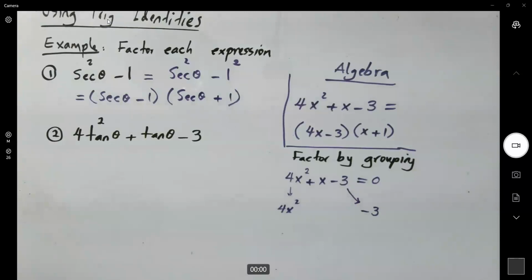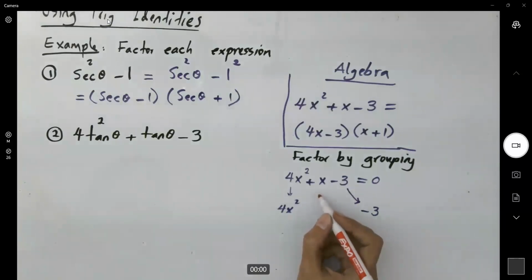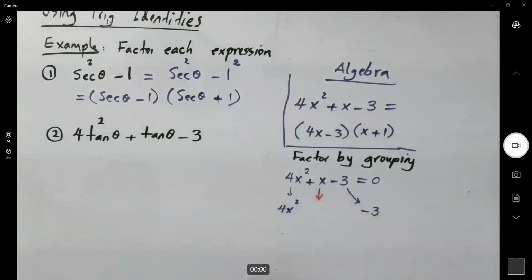Well, the middle term can be written as, okay, let's see, what do we have here? Let's see, we need to figure out how we can break this down. If I write this as 4x minus 3x, let's see if it's working or not.